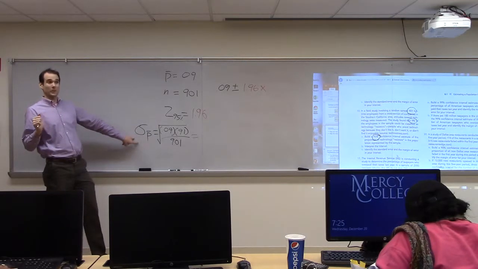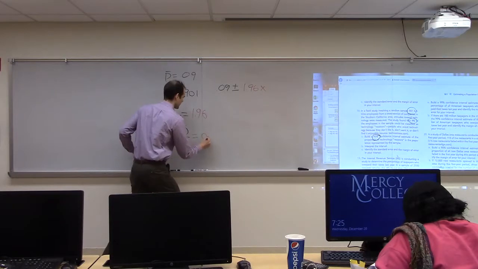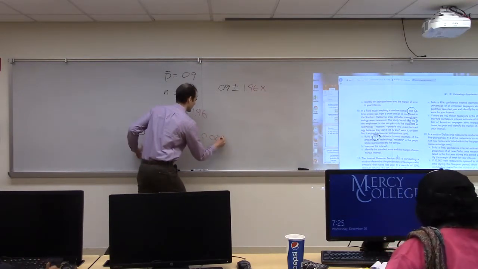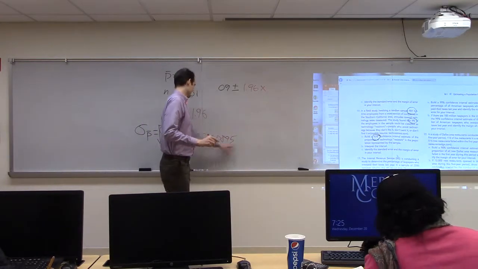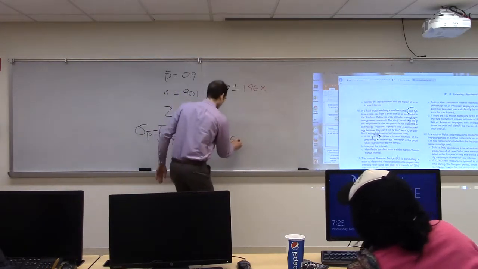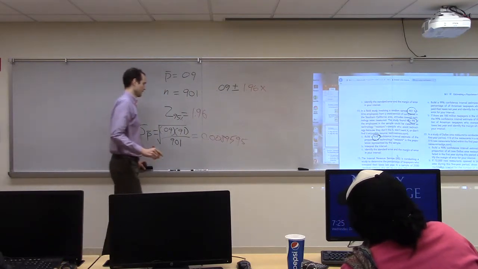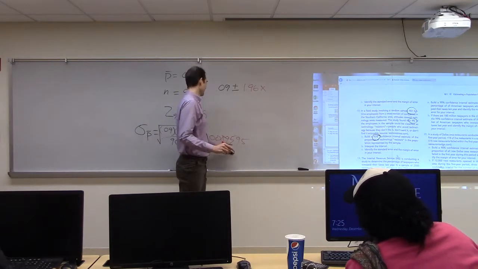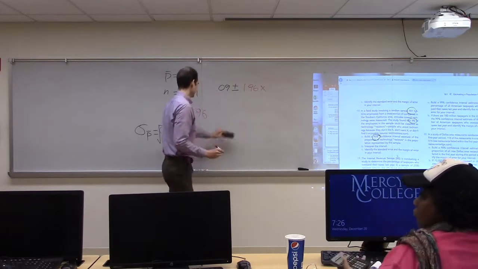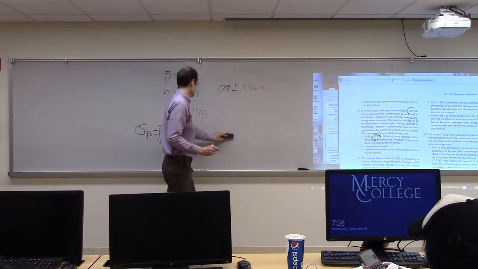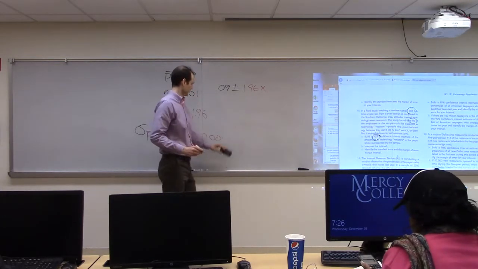Alright, we have the formula for standard error. What do we get when we crunch that? 0.008995. Some got 0.00909, others 0.00895. We got a lot of different answers.